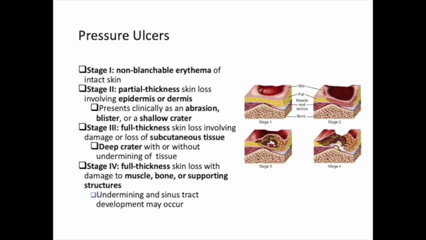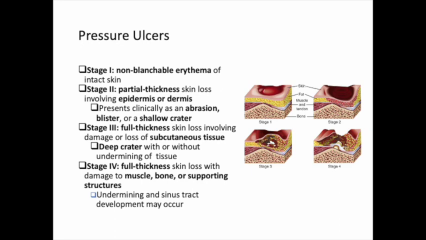And you can see there's classification of the stages and grades of pressure ulcers. Stage 1 is non-blanchable erythema of intact skin. With darkly pigmented skin, you might not even see the visible blanching, but it would still be a stage 1 pressure ulcer.